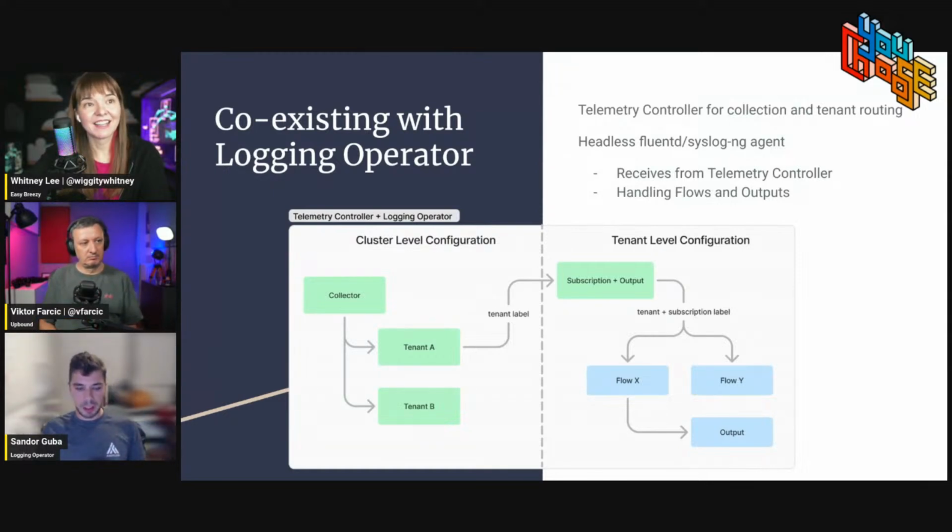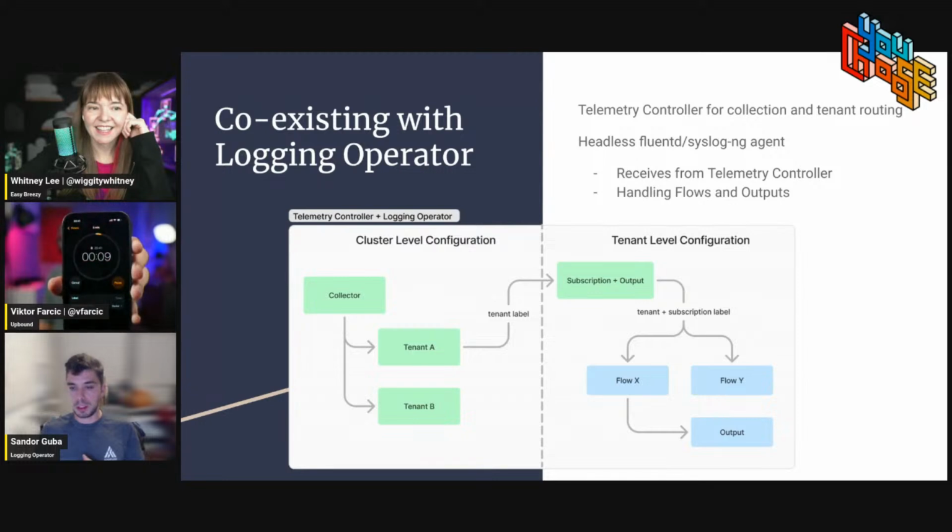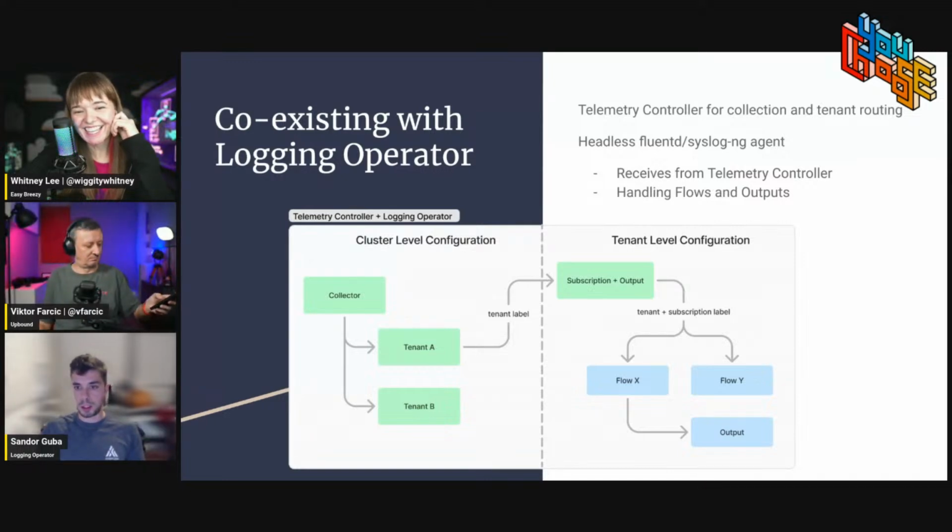If you are running a multi-tenant Kubernetes cluster, you want to do the collection with telemetry controller, and you can use the logging operator as a tenant in headless mode without the collection. So you can configure Fluentd or syslog-ng, whatever you prefer, for the different kinds of transformation and the rich amount of outputs that you want to use.